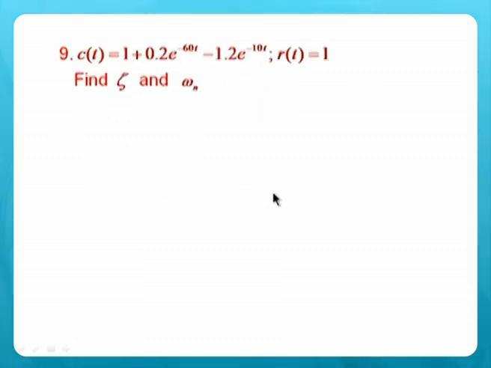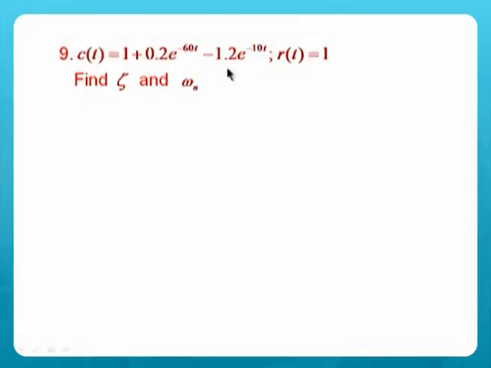This is the next problem that appears in time response analysis, that C of t is given by this function: 1 plus 0.2 e power minus 60t minus 1.2 e power minus 10t. This is the response. For what input? R of t equal to 1, that is unit step. So response is given in time domain and input also is given as a function of time.